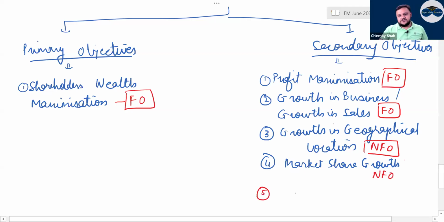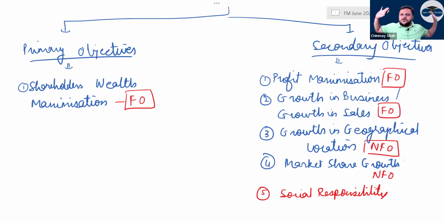Last, fifth point. Social responsibility. What is it? Tell me. Can you be like, sir, to fulfill shareholder wealth maximization, we will do anything, even if it is against law and against society as a whole, correct?